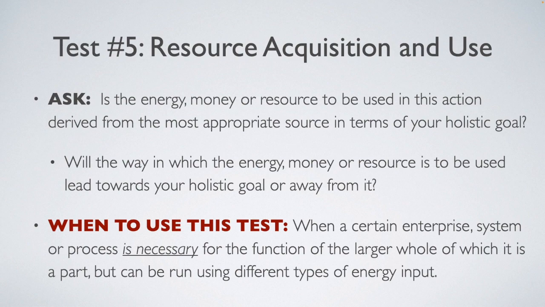Your goal here is to figure out what is the most appropriate type of energy or resource to utilize so that you minimize or eliminate any of the negative second or third order effects of using that resource or money that way. And ideally, you'll create positive second or third order effects that further strengthen the overall resilience, profitability, and ecological robustness of your homestead.